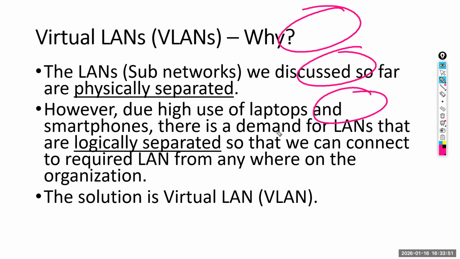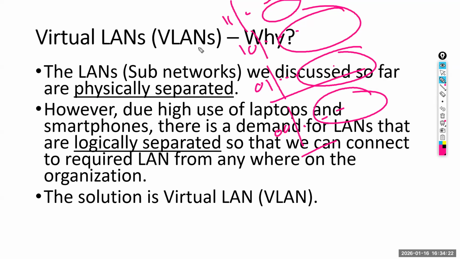Say 0 0, this subnetwork, 0 1, this subnetwork, 1 0, this subnetwork, maybe fourth floor, 1 1, subnetwork. Say first floor machines get IP addresses from this range, second floor IPs like this, or maybe these are departments, HR department, finance department, and so on.